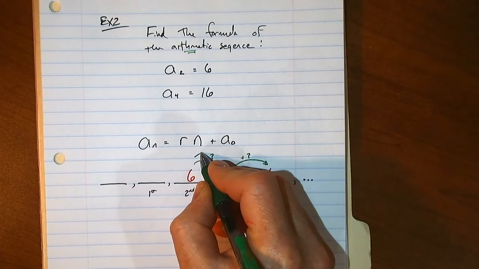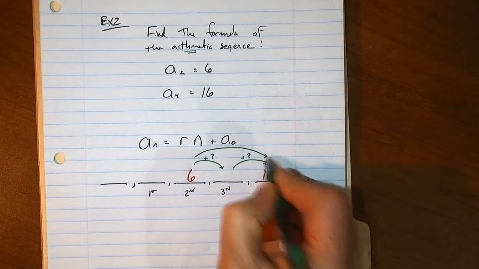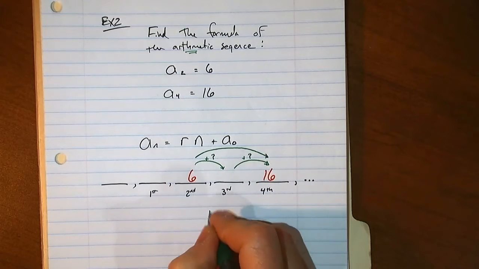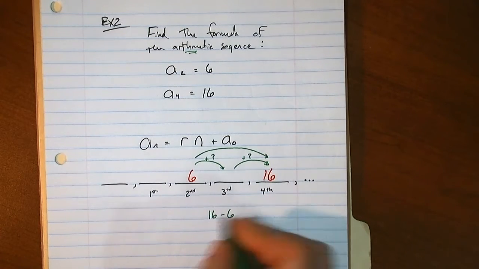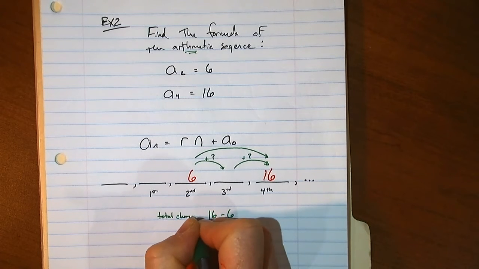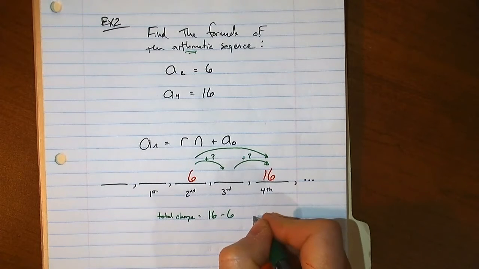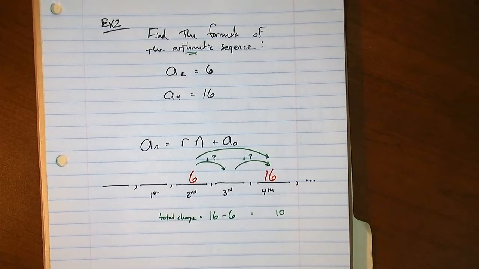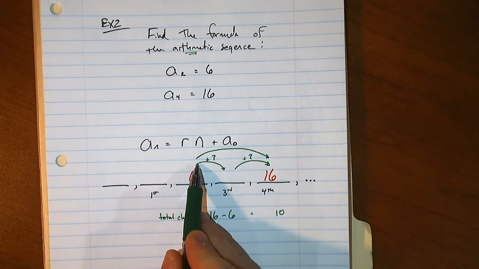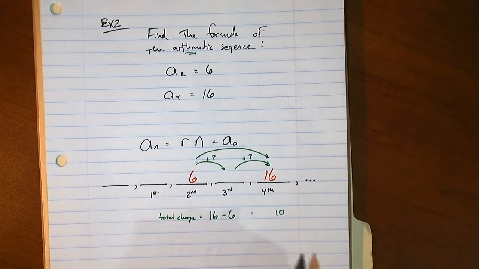Okay, so here's the way that I approach that. I can very easily figure out the total change to go from 6 to 16. I just subtract, right? That gives me my total change, 6 to 16. So in this case, that's 10. But I know that the actual rate of change happened in 2 steps.